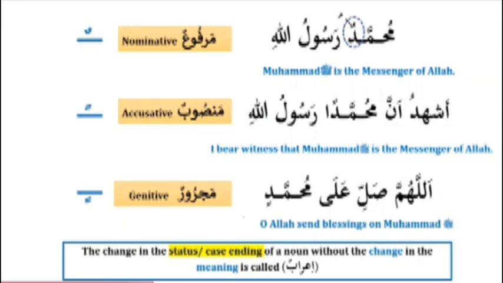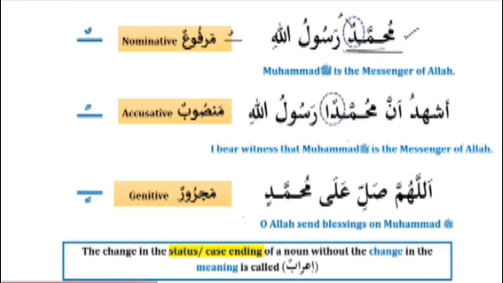However, it is wrong to say that it is marfu by Dhammatan. We will only say that it is marfu by Dhamma, as we saw in the beginning that the sign of marfu is Dhamma. So here we have Muhammadun Rasulullah, so it is marfu, and by default the first state of the noun is always marfu.